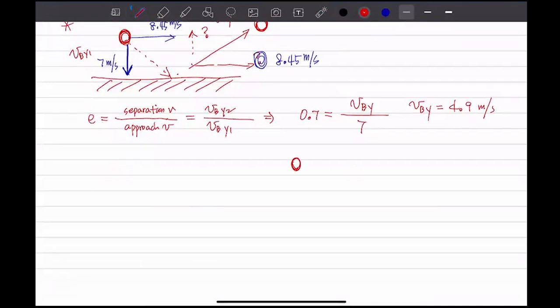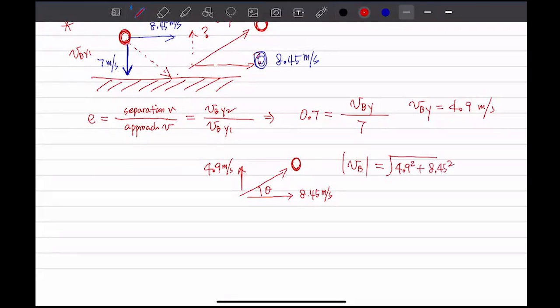Finally, how this ball moves is it has a horizontal velocity of 8.45 meter per second, and the vertical was 4.9 meter per second. So we can find the angle and the magnitude, right? So the magnitude of the ball after it hits the ground is going to be the square root of 4.9 squared plus 8.45 squared.